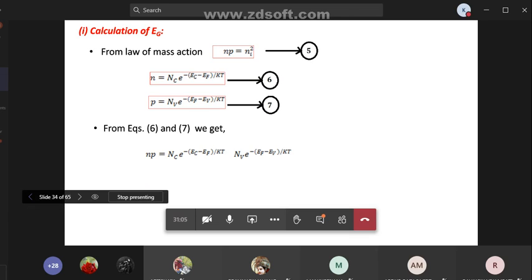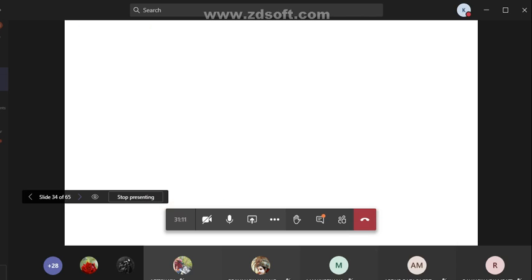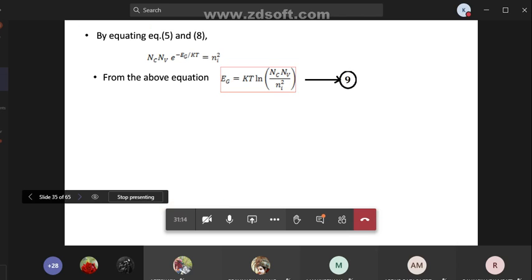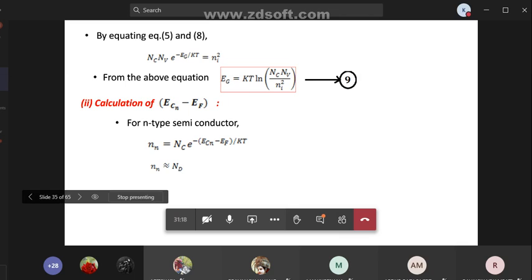So here in place of NP we can substitute NC NV into e power minus EG by KT. So NP equal to Ni square, right?